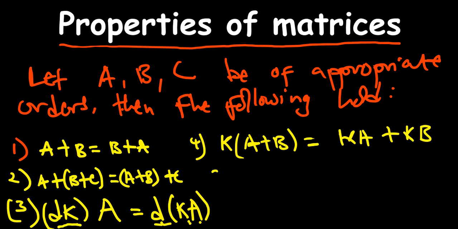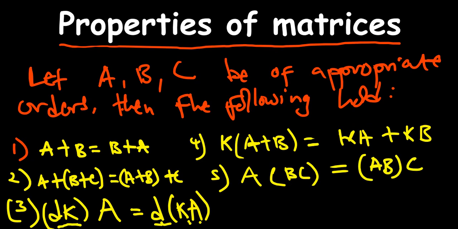And then the fifth one, we can talk about the associativity of multiplication. Multiplication is also associative, so you can say a multiplied by bc is the same as ab multiplied by c, when you're multiplying these 3 matrices.